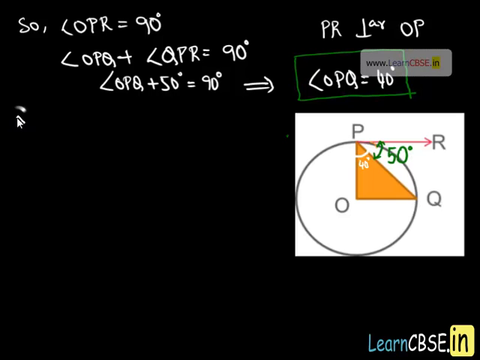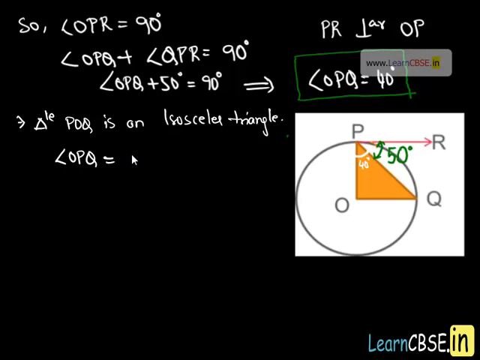Since the triangle POQ is an isosceles triangle, the angle OPQ is equal to angle OQP, which is equal to 40 degrees. Therefore, we have got two angles of an isosceles triangle.